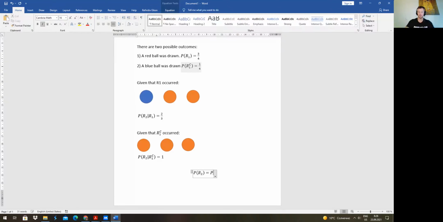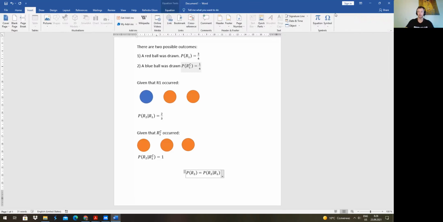So one is the probability of R2 given R1 multiplied by the probability of R1, of course.